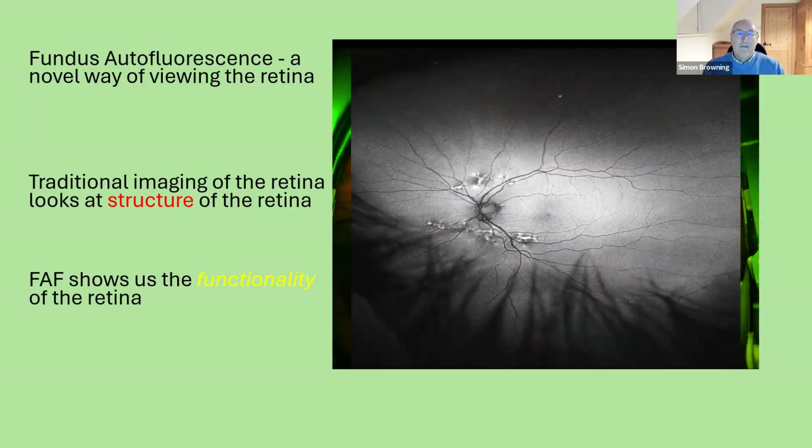Now, these are angioid streaks, and one of the first things that autofluorescence taught me is that angioid streaks are incredibly common. I will be honest with you, I wouldn't have thought that prior to autofluorescence. Often when you look at a patient with dry macular degeneration, you will see the whole of that macular area is crisscrossed with angioid streak extensions.